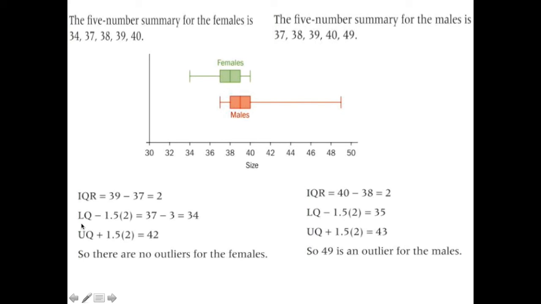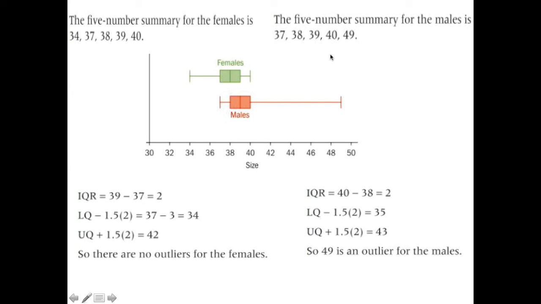I take my upper quartile, which in this case is 39, and add 1.5 times my interquartile range. So 39 plus 3, I get 42. So anything above 42 would be an outlier, and in this case there are no values above 42. So there are no outliers for the female.